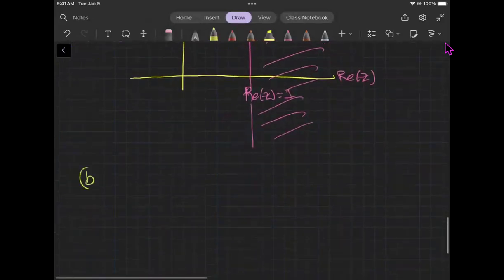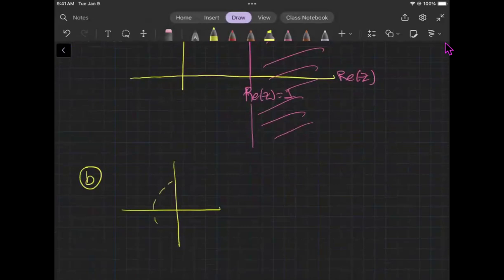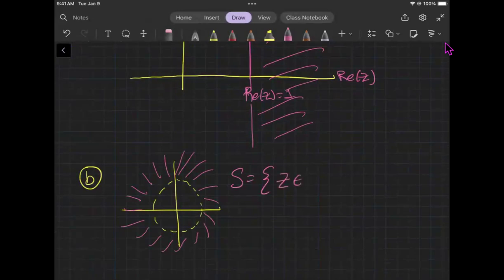Okay. Let's see, part B. How about this one? And let's say S is defined here as the set of all complex numbers such that the modulus of Z is bigger than 1. Okay.